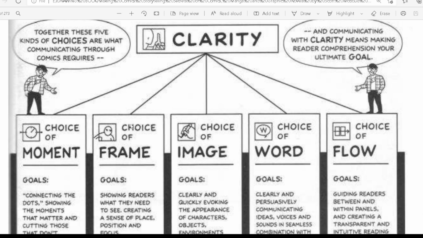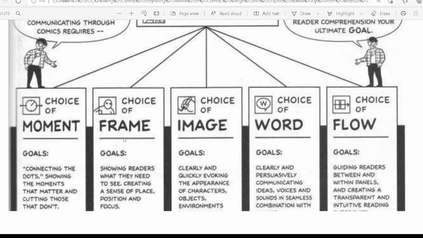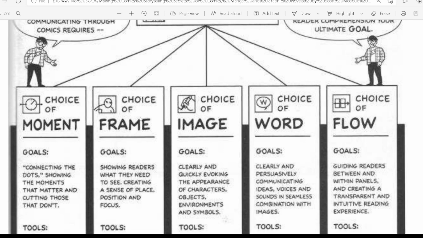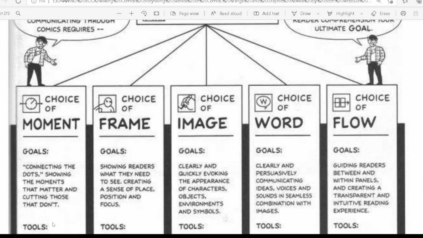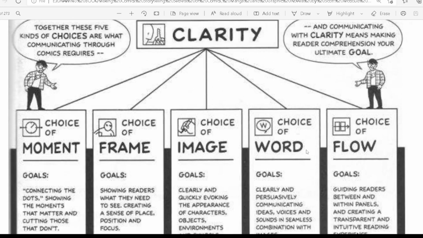You can watch all those 5 videos that will have information on choice of moment, choice of frame, choice of image, choice of word, choice of flow. If you want to get into detail on these five topics, then you can go and check the videos so that you will be able to understand all these 5 goals, right?